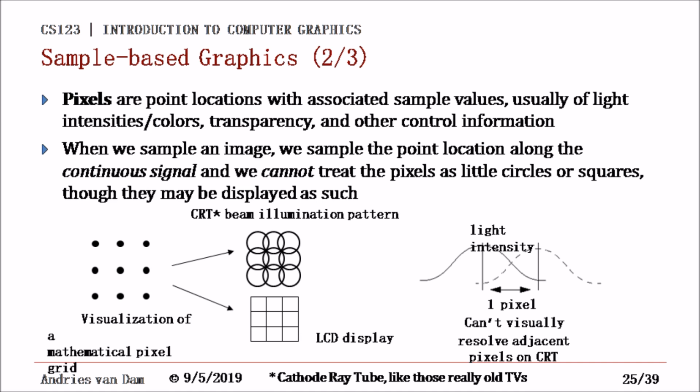Finally, at the rightmost side of the figure, it is demonstrated how patterns and objects visually appear on the screen with the help of light intensities. So many pixels take part in this because one pixel cannot visually resolve adjacent pixels on a CRT. In fact, visual aspect cannot be resolved by one pixel.